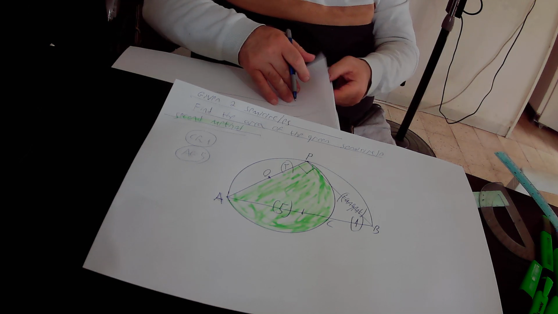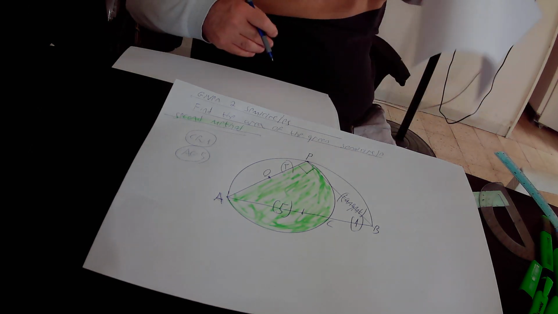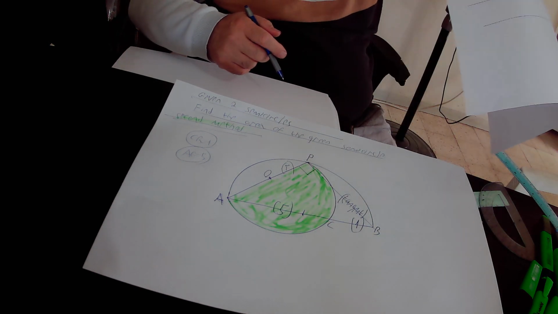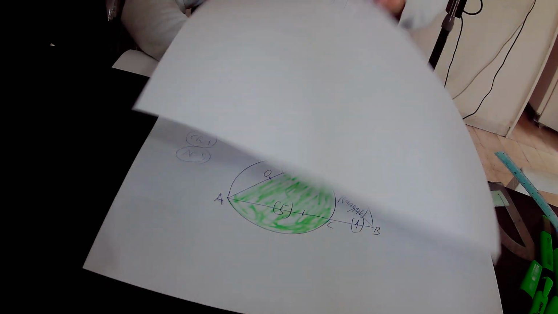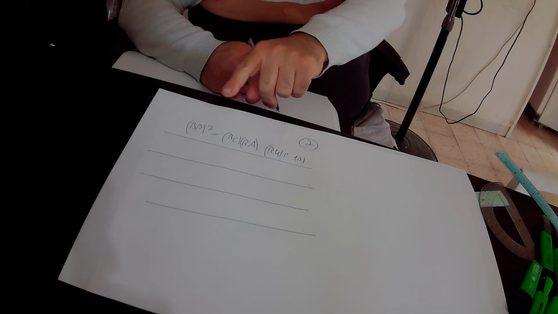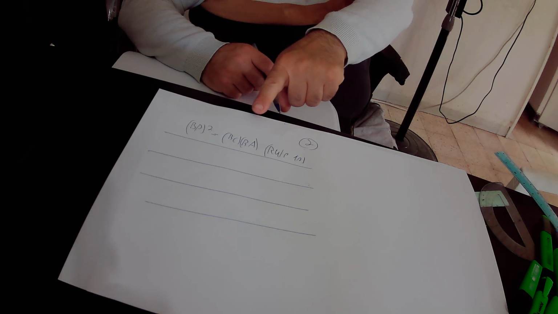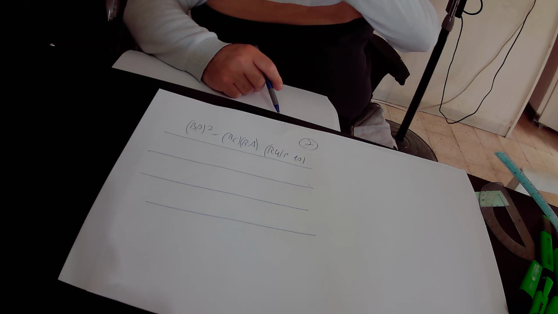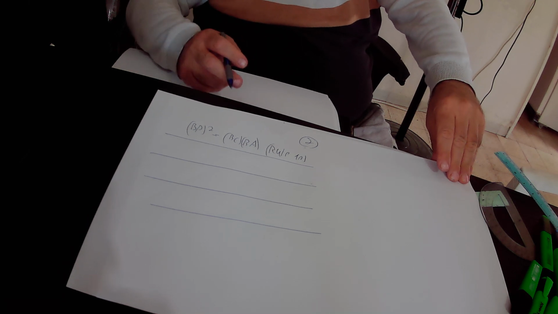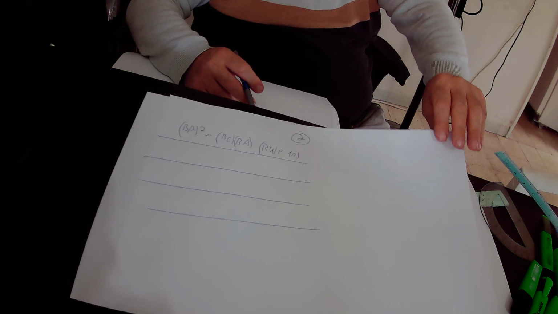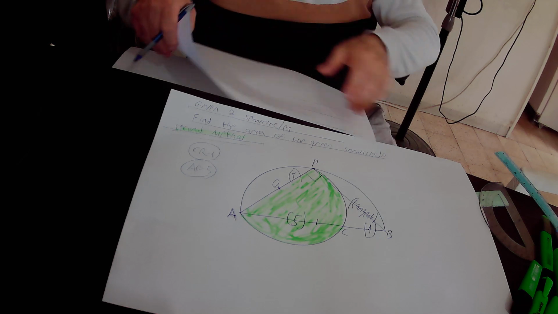Repeat again. According to rule 10, if we focus on our original drawing, the following equation is true: BP square equals BC times BA. BP is the missing tangent, so we leave it as it is.